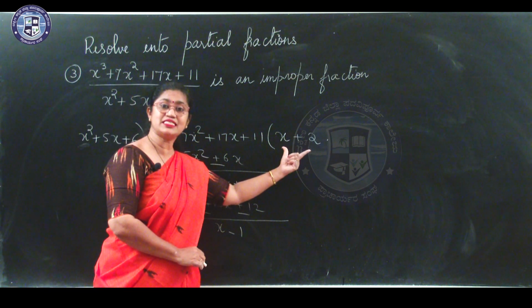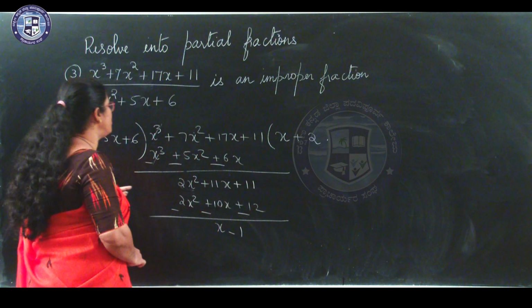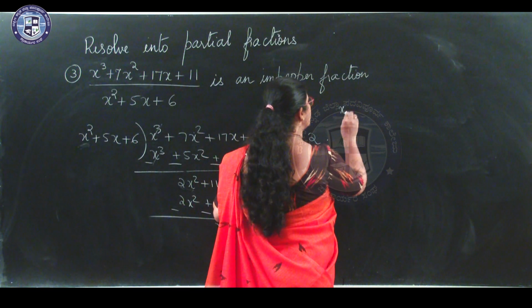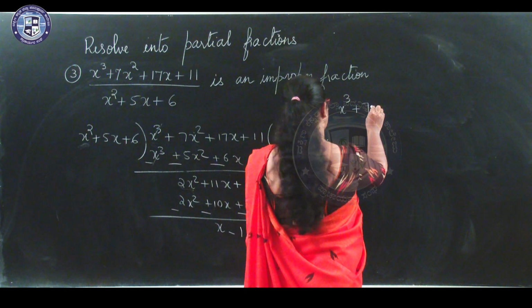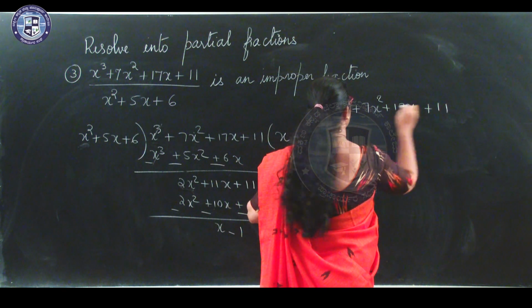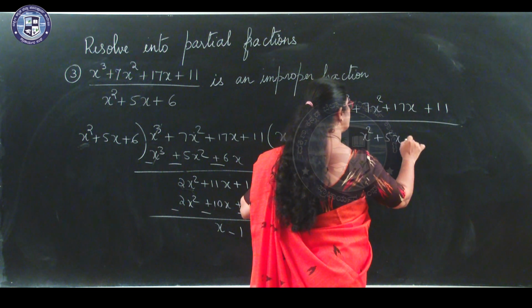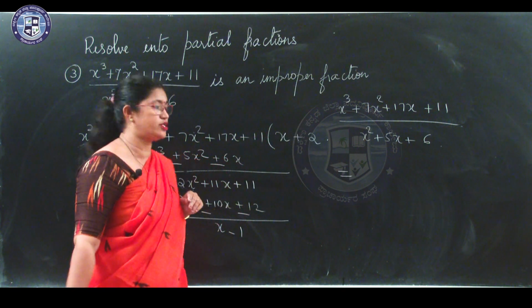So, look at the answer now. The answer is x plus 2. So, the polynomial you have got is x plus 2. So, this fraction, the question, that is (x³ + 7x² + 17x + 11) / (x² + 5x + 6), can be written as equal to.